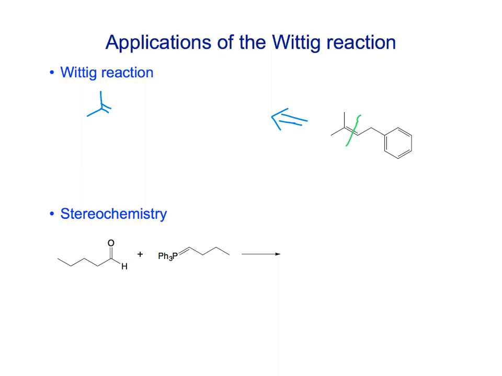And I'm going to make this double bond over here. And on one of these, I'm going to put an oxygen. So let's just choose one. I'm going to put an oxygen, say here. And on the other side, I'm going to put the phosphorus and the 3 phenyl groups. Okay, so that's where we can get to one starting point.